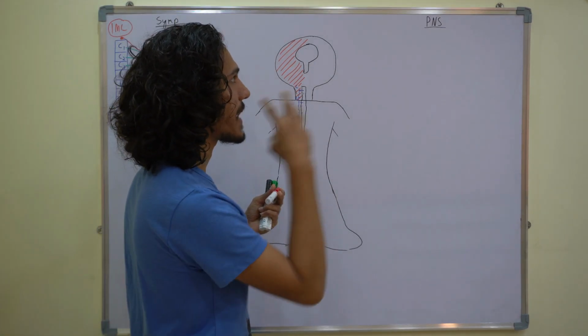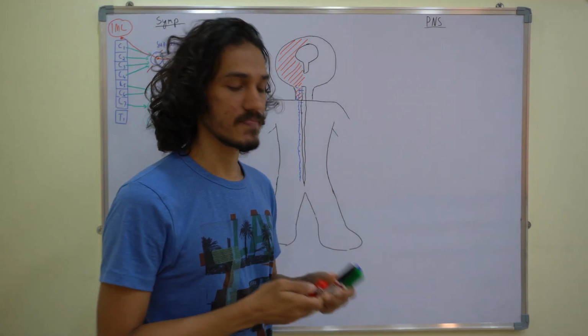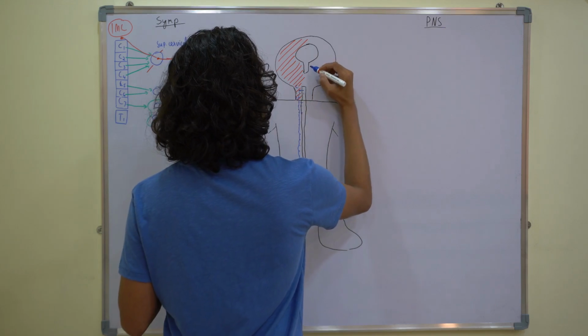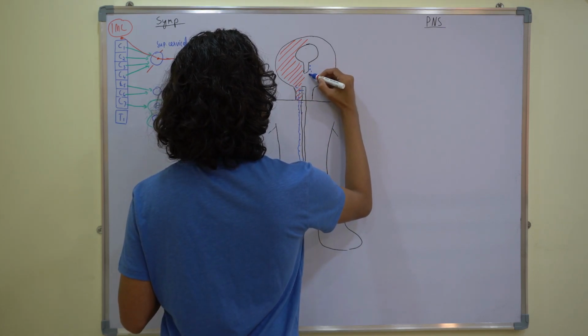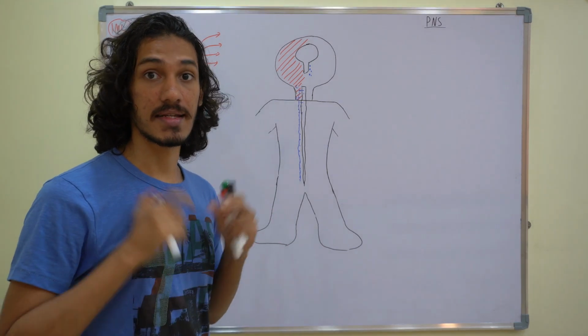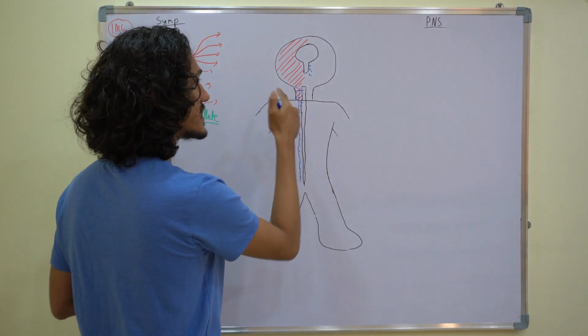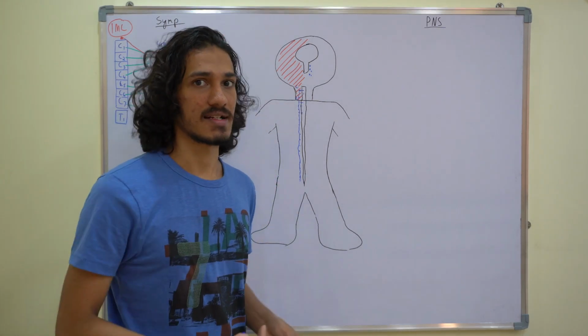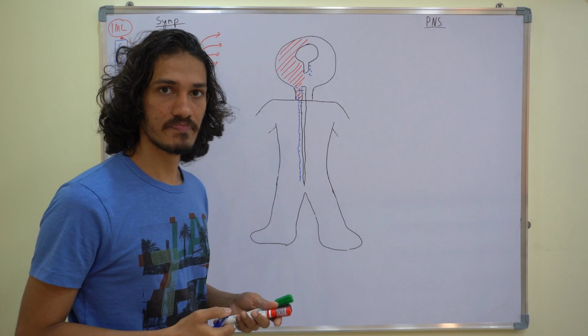But in case of the parasympathetic nervous system, there are a bunch of nuclei present in your brainstem. These nuclei are where the preganglionic segments start. It's not in the spinal cord, but in the nuclei. That is where the preganglionic segments start in the parasympathetic nervous system.